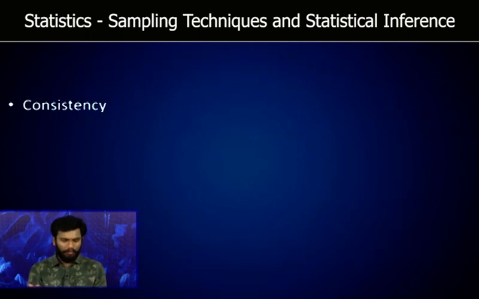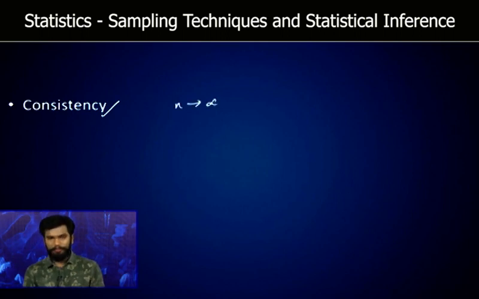Now, consistency. Whenever my n tends to infinity, I am saying my function is Tn of x, where xi values are taken 0, 1, and so on up to n.